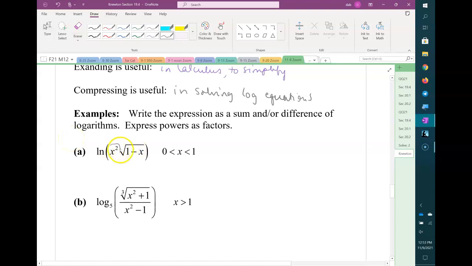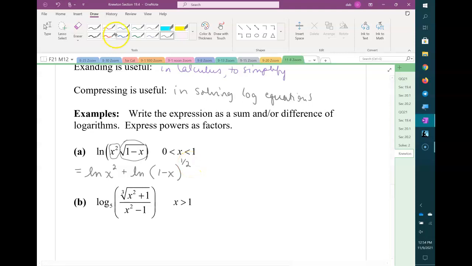So we can see we have a product in here. We can write this as the ln of x squared plus the ln of the square root of 1 minus x. Now you want to rewrite radicals with powers, because we've learned some properties that have powers in them.